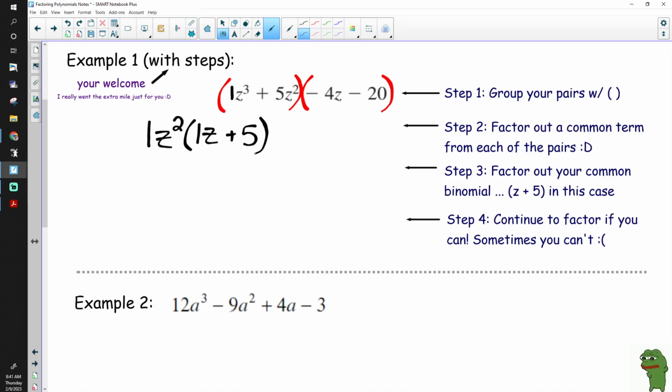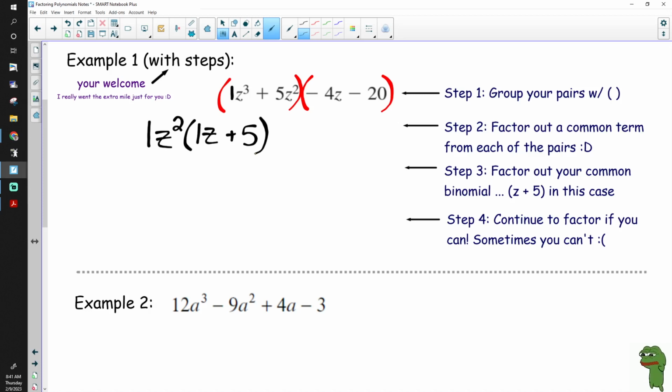We're going to do the same thing for the second group. What can I take out of, divide -4 and -20 by? -4. And here's why we want to do -4 instead of +4. When we divide out our 2 things, we want to try to make it look the same.